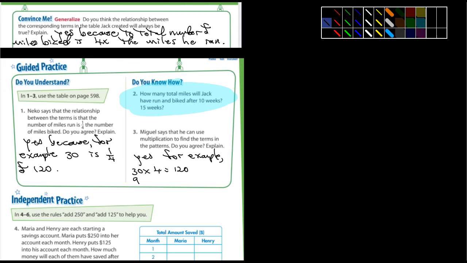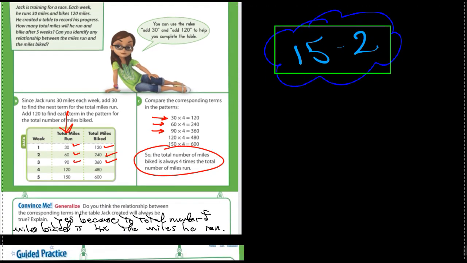And another example would be 60 times 4 equals 240. And so forth. So yeah, you can definitely use multiplication. And in the very first example, that's exactly what they did, as you can see there.